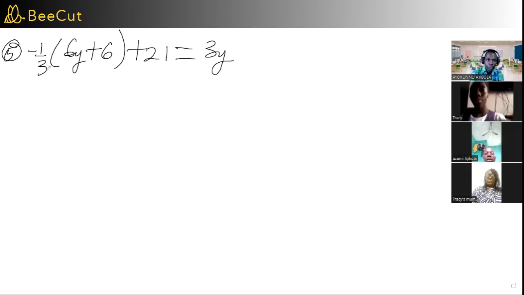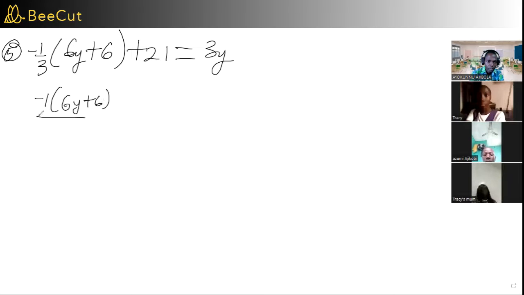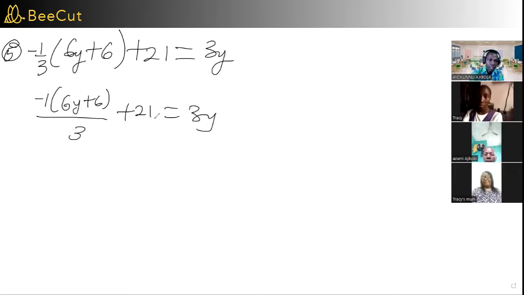So if I say 1/3 of the bracket, it means the bracket divided by 3. So this is minus 1 into the bracket 6y plus 6, then divided by 3. That's the meaning of the 1/3 there. Then plus 21 equals 3y. That's the first step there.